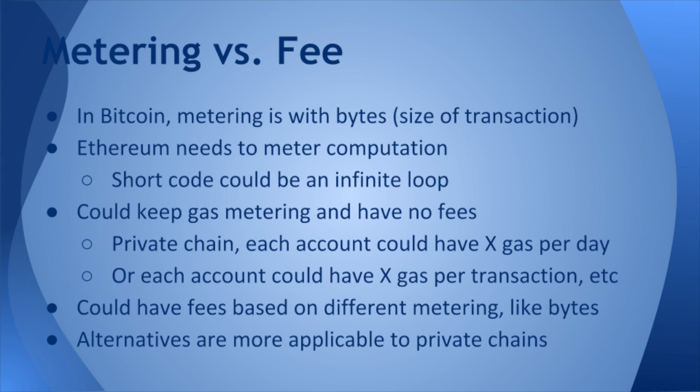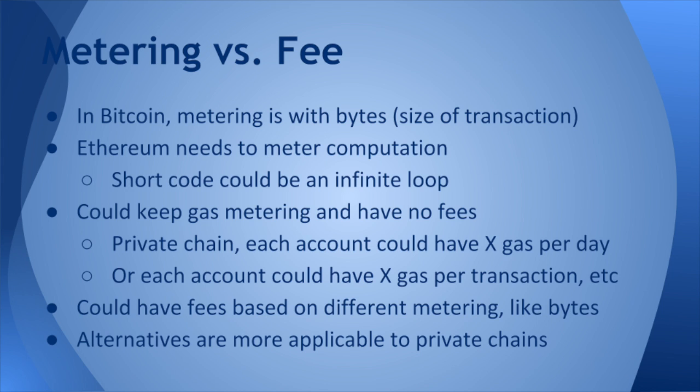Now, metering and fee are separate, so you could keep the gas metering and have no fees. For example, on a private chain, you could have different rules, such as each account could have 20 million gas per day, or each account could have 5 million gas per transaction. Those are two ways you could have Ethereum's gas metering and no fees.